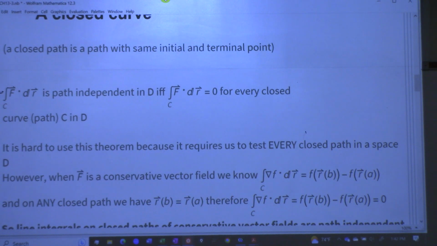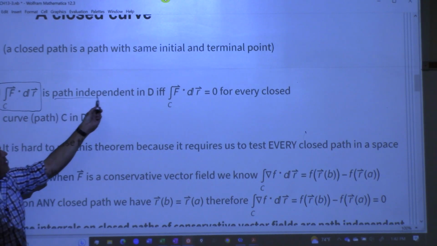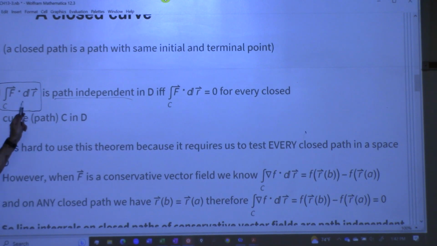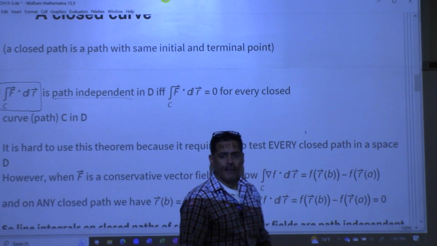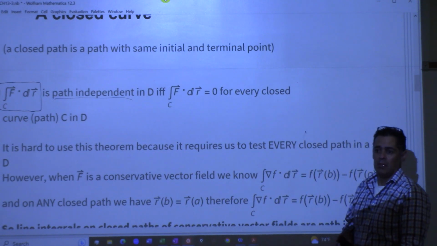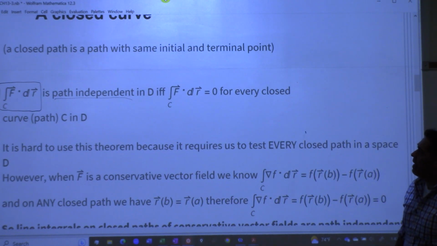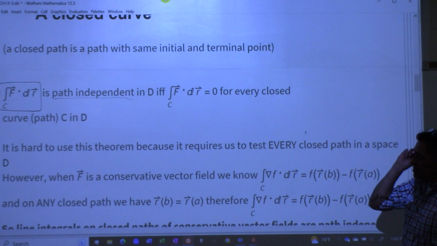The work integral is path independent, meaning the answer you get from this does not depend on your path at all, if and only if the answer for the work is 0 on every closed path C in D.